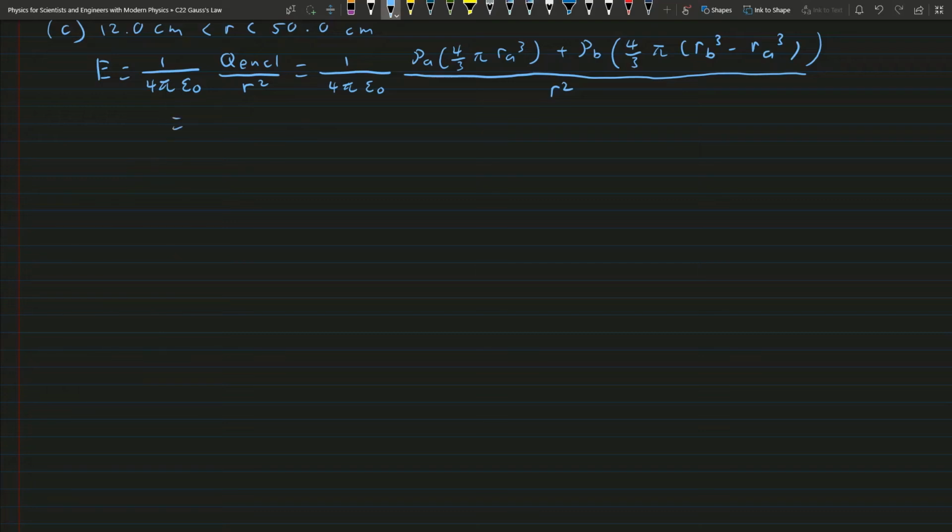Now we can simplify it, which this 4 pi can cancel and we simplify it, we get 3 epsilon naught r squared and above here is rho A minus rho B R A Q plus rho B RBQ.